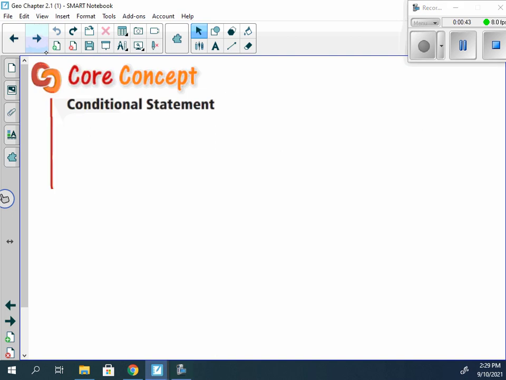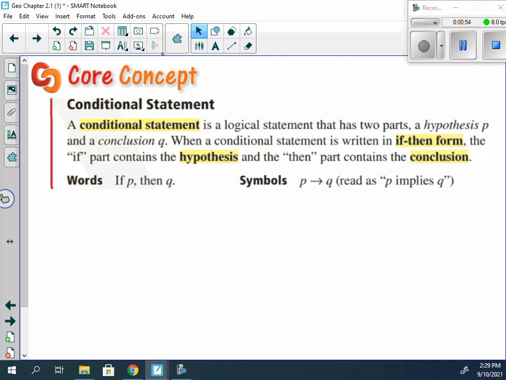So what we're starting off today with is conditional statements. A conditional statement will be used to prove something being true or false. A conditional statement is a logical statement that has two parts, a hypothesis and a conclusion. When a conditional statement is written in if-then form, the if part contains the hypothesis and the then part contains the conclusion.